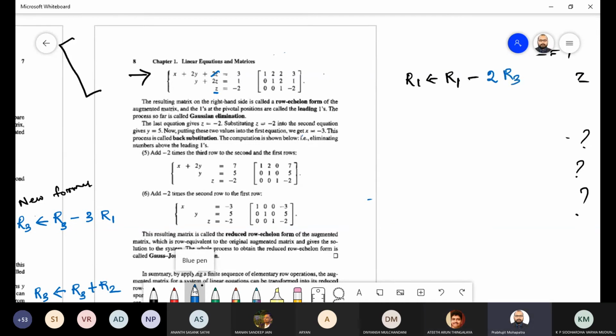And we can simultaneously delete this one also. We can write row 2 as row 2 minus 2 times row 3. Do not take row 1 to adjust this. Someone can delete this 2z from row 2 taking help of row 1 also.